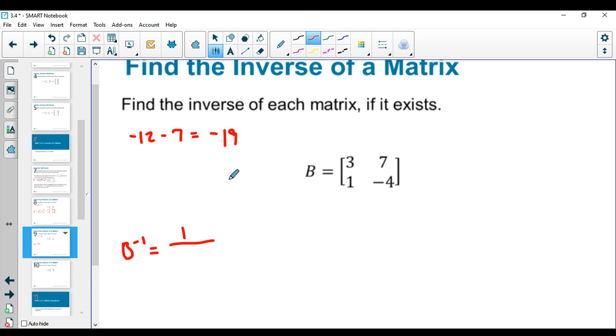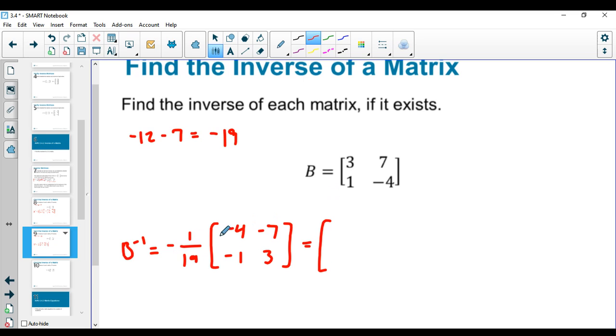So negative 1/19 times the matrix. We flip these two numbers, and then we make the other ones the opposite sign. Easy enough.